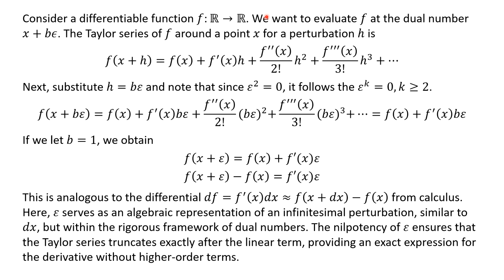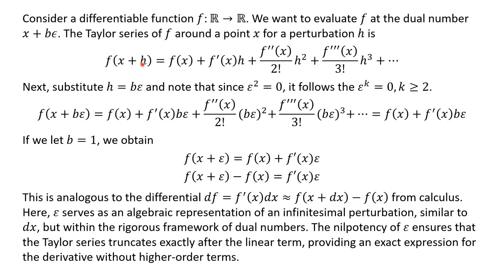Consider a differentiable function f from R to R, and assume we want to evaluate the function at x plus b epsilon, the dual number. Given that f is differentiable, we have this Taylor series for f given by this formula, at point x with perturbation h. Sometimes you'll see this written as delta x instead of h.